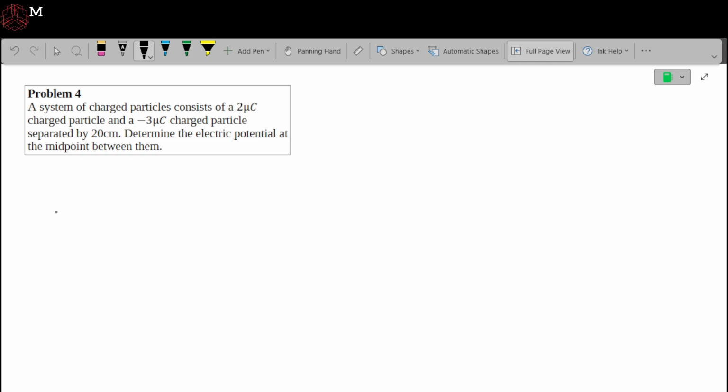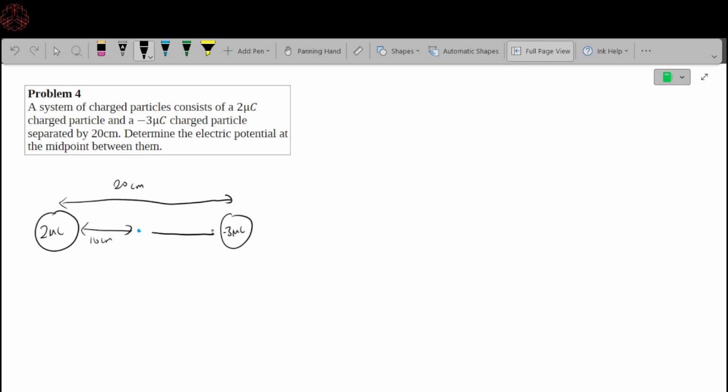If I draw it out, I have 2 microcoulomb, then 3 microcoulomb negative, and their separation is 20 centimeters. Determine the electric potential at the midpoint between them. The midpoint is 10 centimeters from each, this is 10 centimeters and this is 10 centimeters as well.